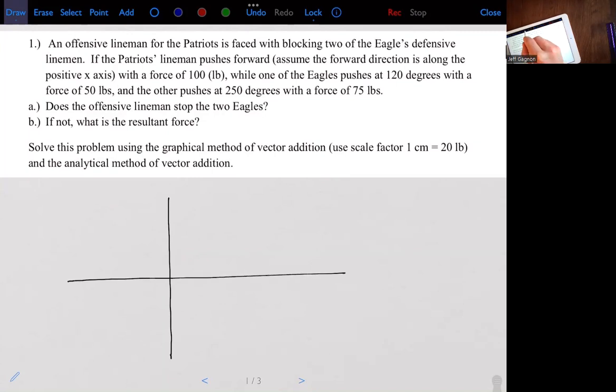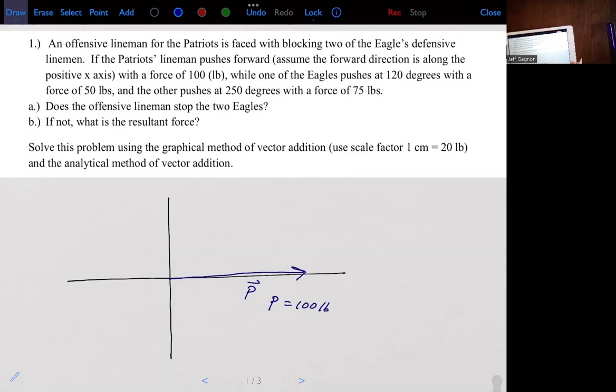So first of all, the Patriot is pushing along the positive x direction, right? So let's say this is P for a Patriots player. And we know that is 100 pounds. So the magnitude of P is 100 pounds.